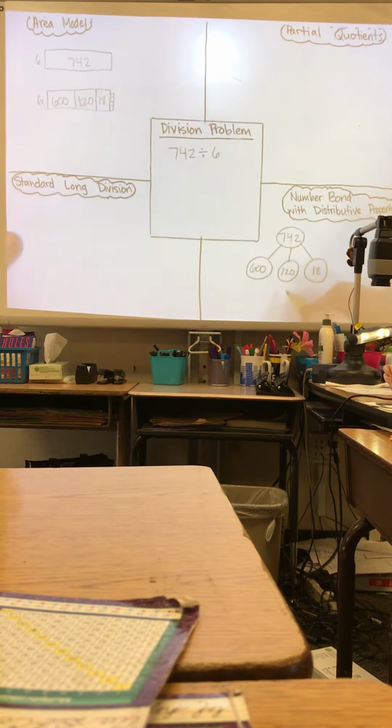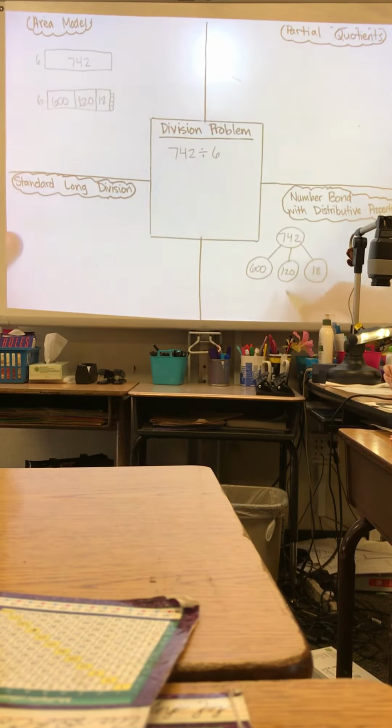So 600, I'm going to divide it by what? What was my divisor? It was 6. So I'm going to use distributive property by using my decomposed numbers, and then I'm going to divide those by the factor. The factor is 6. In this case, it's my divisor.